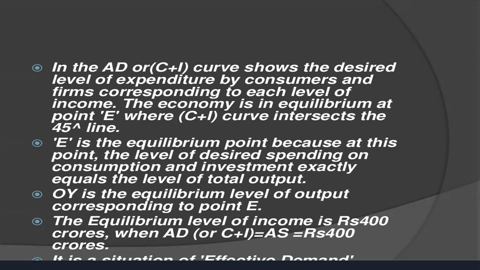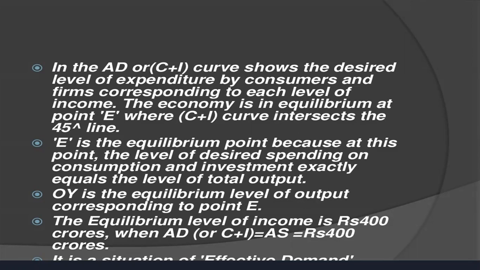Now we will discuss the aggregate demand and aggregate supply approach. According to Keynes' theory, the equilibrium level of income in an economy is determined when aggregate demand, represented by C plus I, is equal to the total output, aggregate supply. Consumption expenditure C varies directly with the level of income, that is, consumption rises with an increase in income.